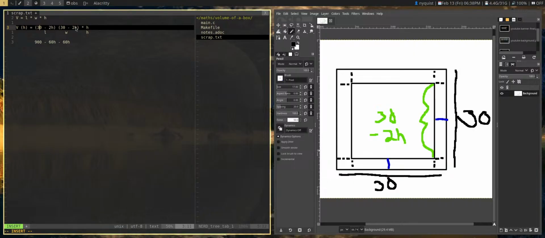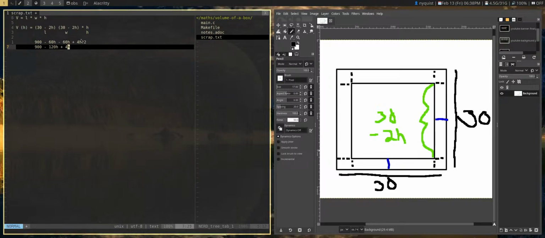Then negative 30 times negative 2h, then negative 2h times negative 2h, which would be plus... I did that wrong, because negative 2h times negative 2h should be 4h squared.